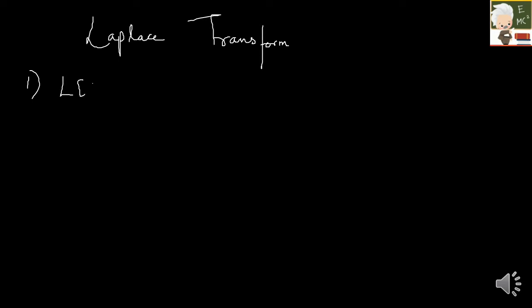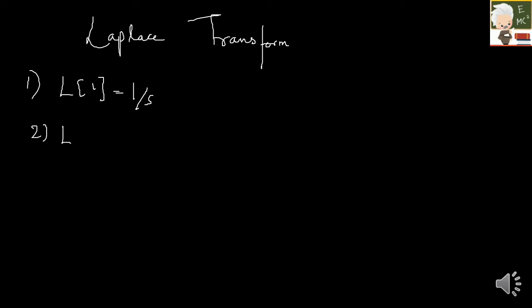Before getting started, let us have a glance at what we discussed in our previous video. I had given 8 conclusions, so let me write them again. The Laplace transform of 1 is 1 by s.